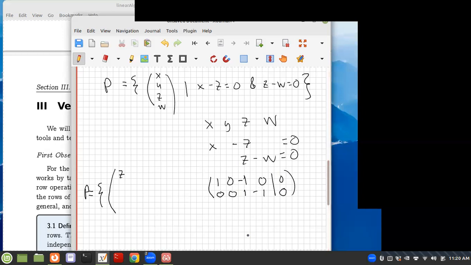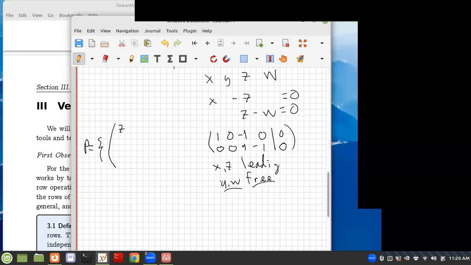Okay, and that shows that it is correct that X and Z are leading, and that means that Y and W are free. Okay.